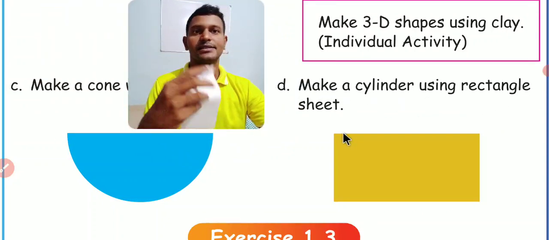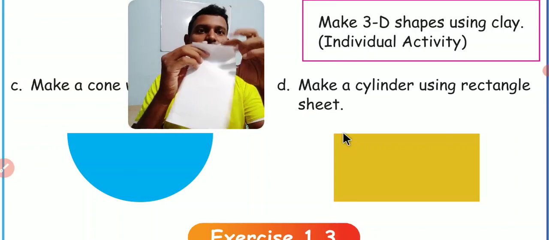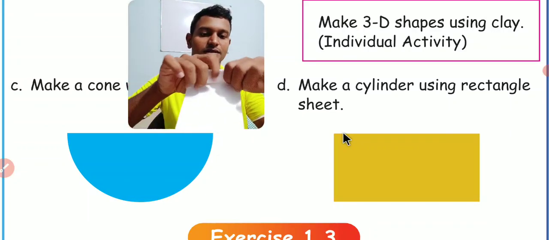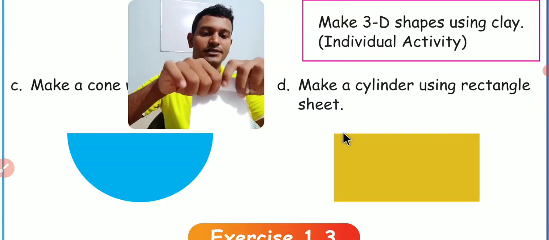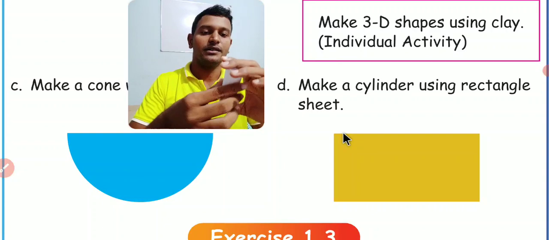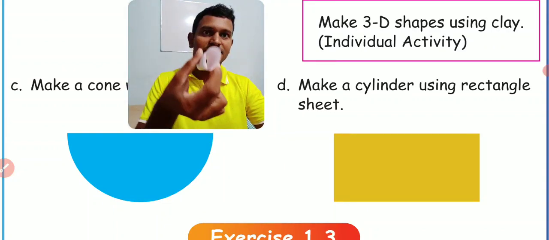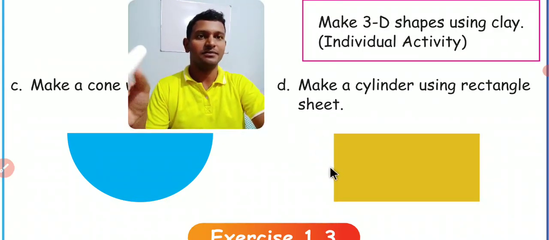This is a rectangle sheet. I am just rolling this sheet. Now you see, which shape is it? Cylinder shape. Yes, it is in cylinder shape. In this way you have to make it.